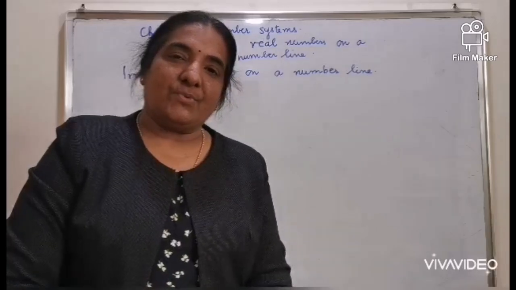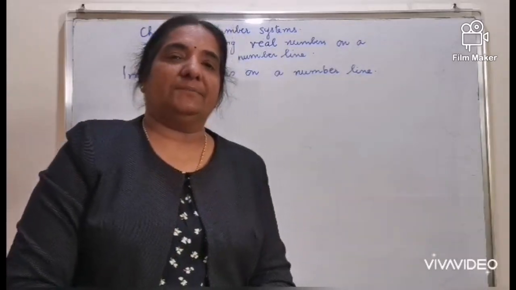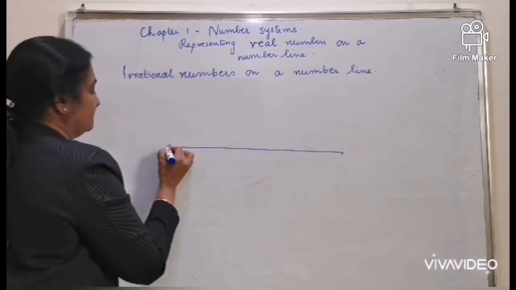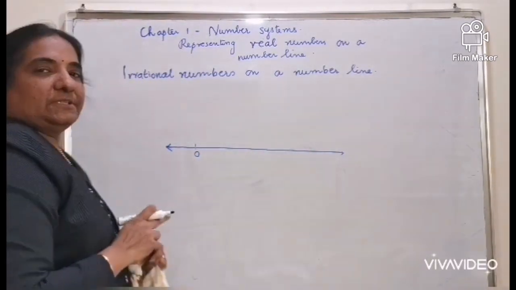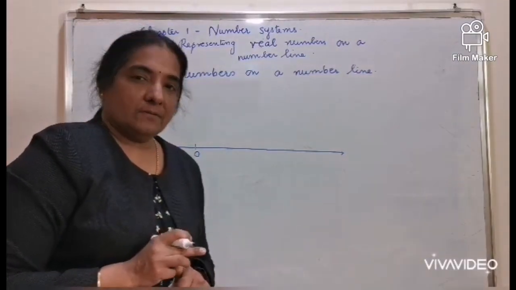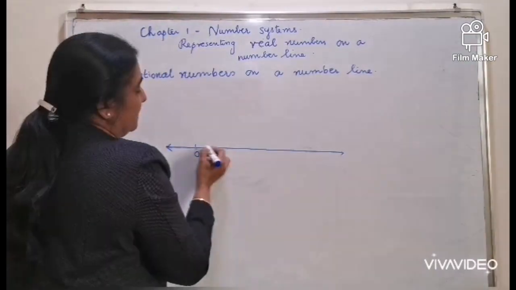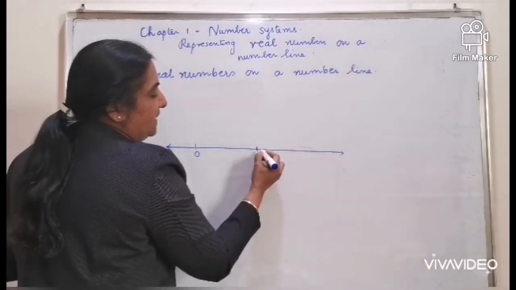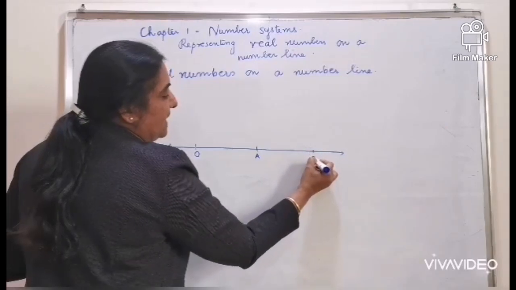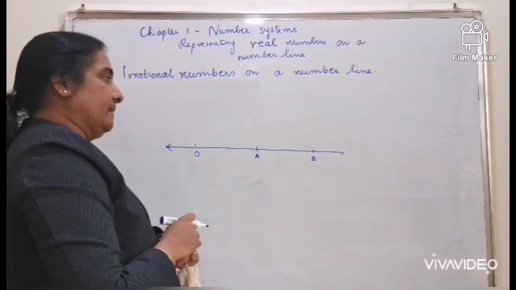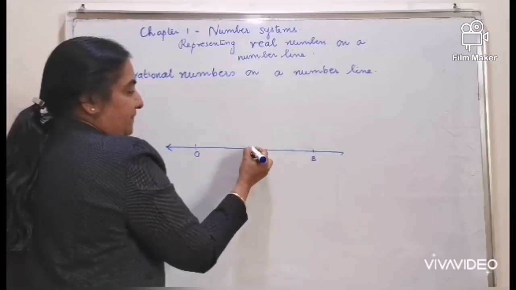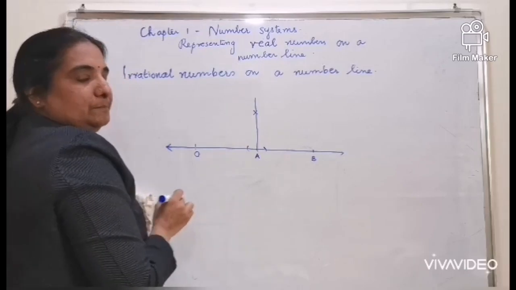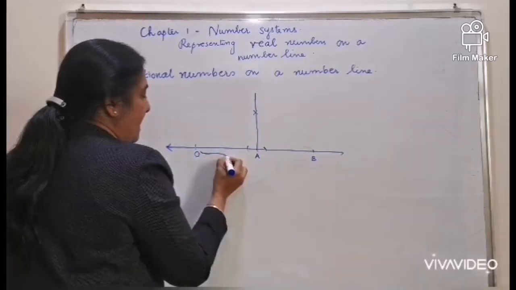Let us represent square root 3 on the number line. Plot a point O. Take a length of 2 centimeter as A, another 2 centimeter as B. Get a perpendicular at A. Take a length of the same unit.